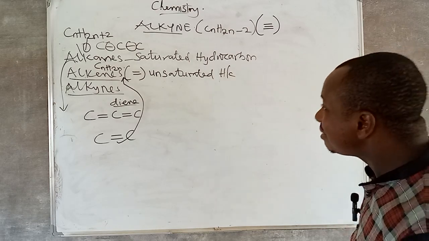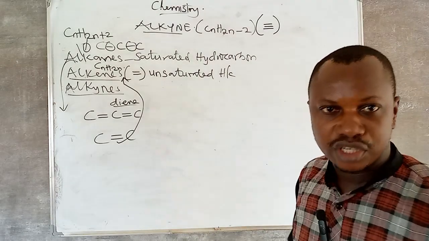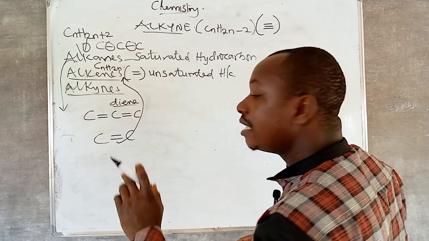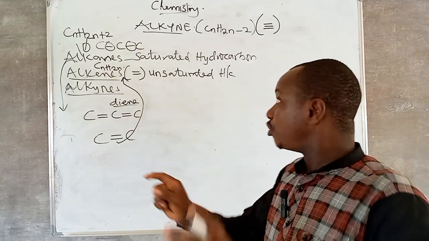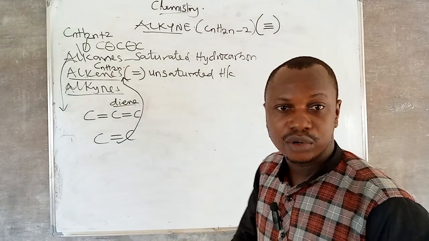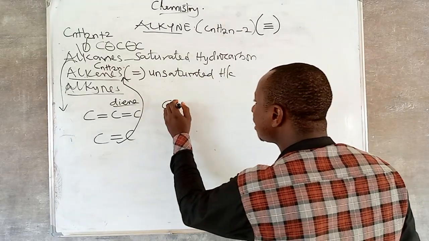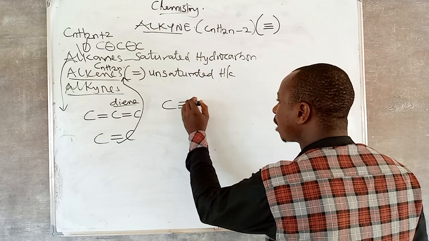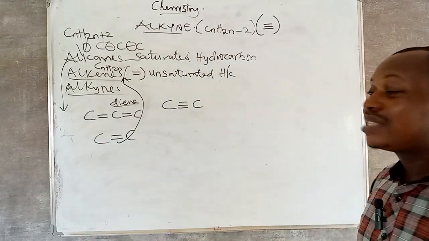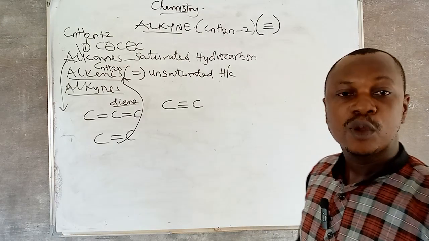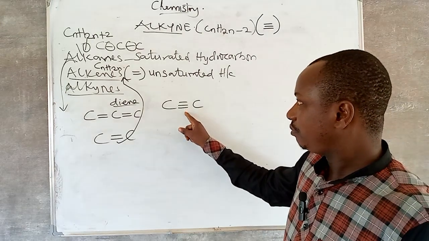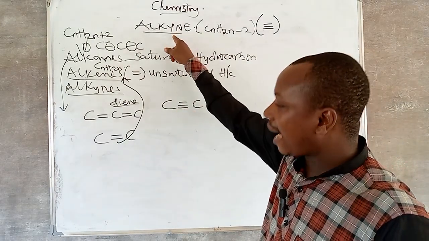Remember, organic chemistry is the study of carbon compounds. It's not that other substance groups are not important, but our primary purpose in organic chemistry is carbon compounds. If you notice anywhere around the carbon to carbon chain a triple covalent bond, this will tell you that we are talking about alkyne.